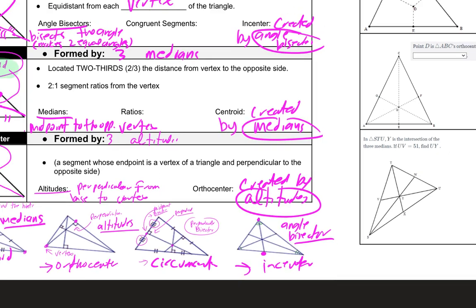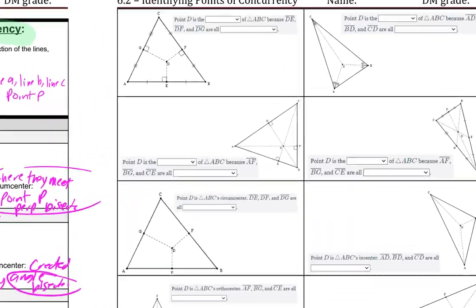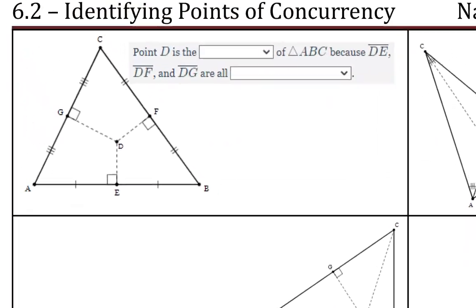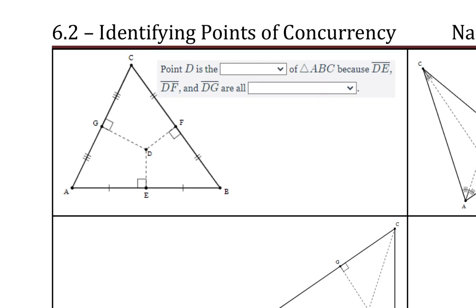Okay, so that's the information that we need to do our final practice. So let's get right into it. All right, let's look at this one right over here. We're going to say what we're using, and what it creates. It says point D is the what. Well, let's look at this. We have these right over here, and this is perpendicular, right?